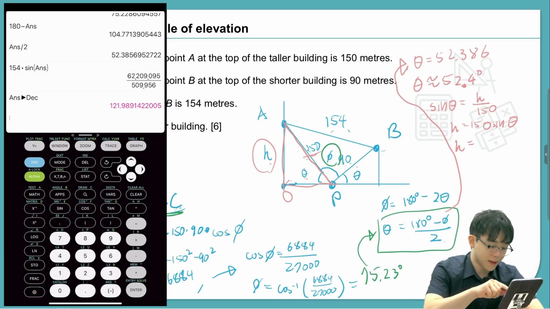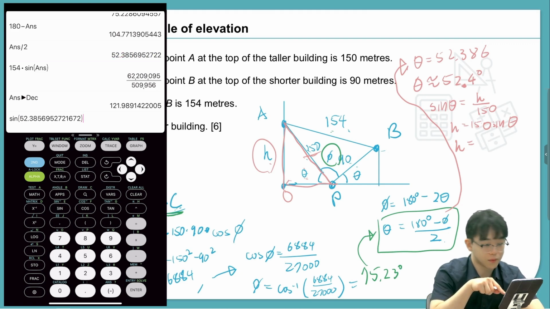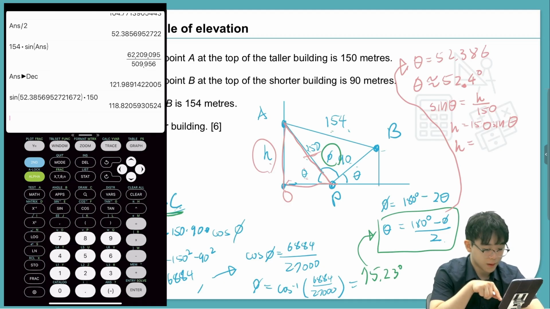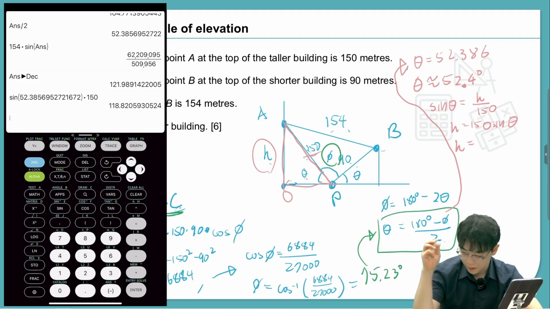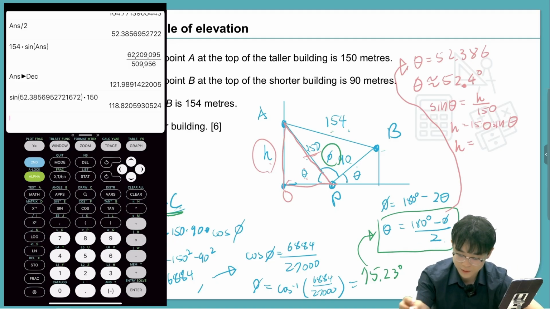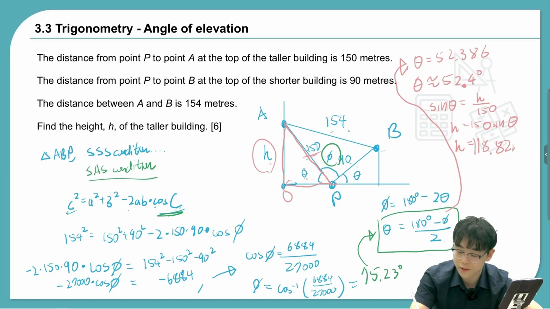So if I multiply by 150 here, I would get sine of 52.39 degrees times 150. So that gives me 118.82 meters. And if it doesn't say anything about sig figs, you could round it to 3 sig figs. So I'm going to write 118.82 meters, but you would be fine writing it as 119 meters.